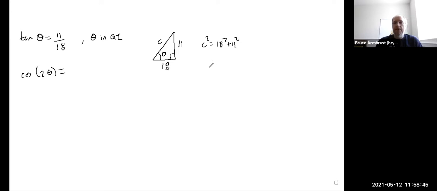So c squared is going to equal 18 squared plus 11 squared, which I think is 324 plus 121. Check me on the 18 squared though, please. And then adding that together, I get 485. So that's c squared, so c is going to be the square root of 485.